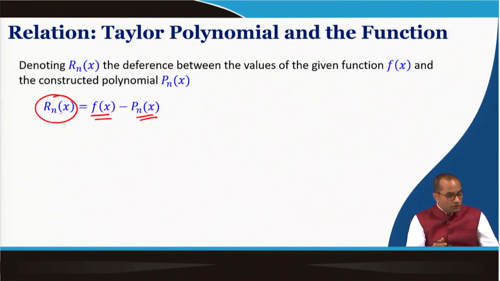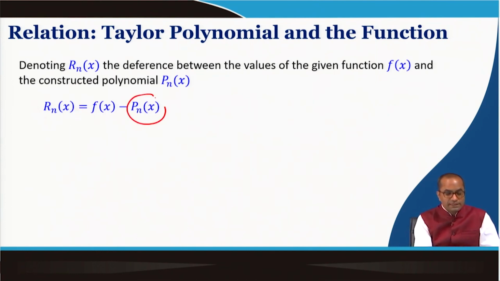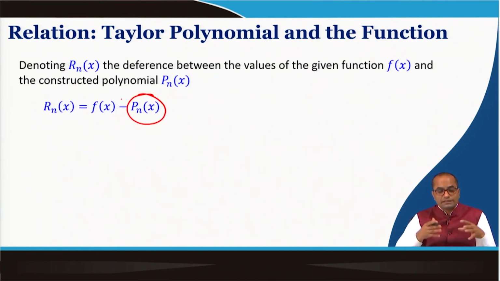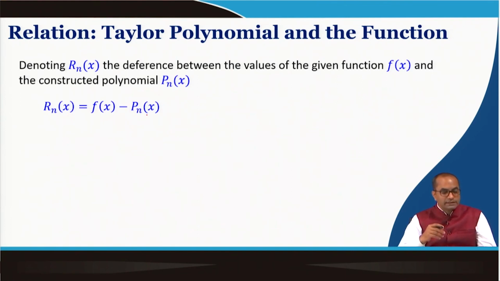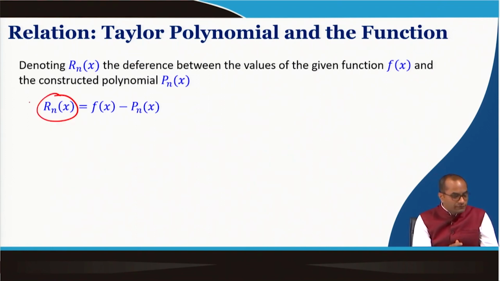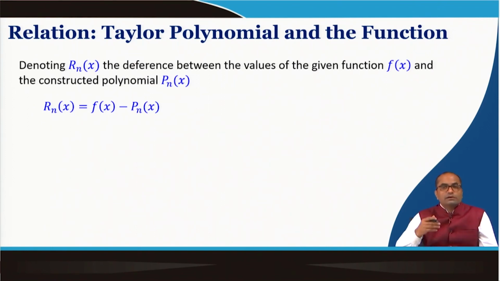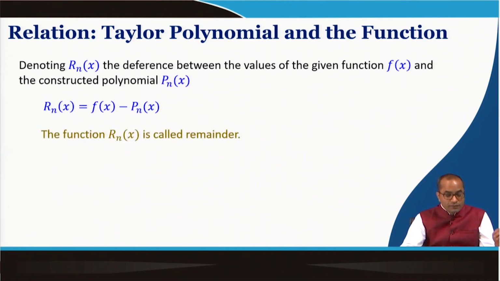Naturally this is not 0, because as we discussed, Pn(x) is an approximation of the given function f(x) only at the point of expansion. At x0 there is no error, but other than that we will have some error. So we will now analyze what kind of error formula we get depending on n. The function Rn(x) is called the remainder of the Taylor's polynomial.